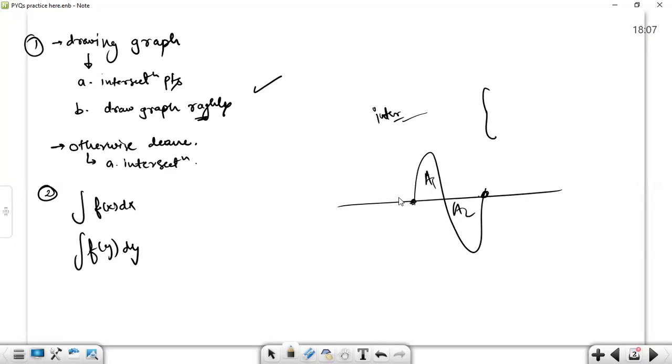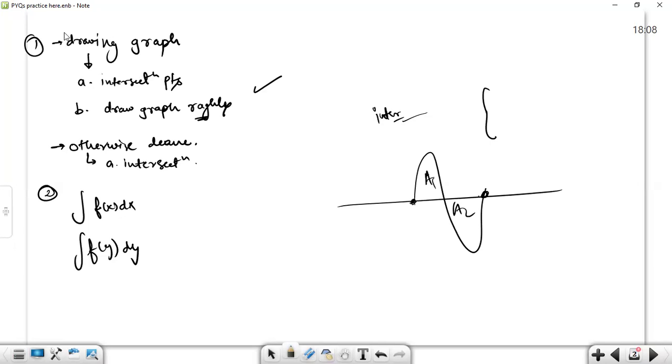So you need to be very cautious whether the curve is changing axis. If it is, and you find the intersection points with the axis, let's say y equals 0 or x equals 0, then be very cautious whether there are 2 or 3, or 4 or 5 points. Note those points, and then you can simply integrate the function.